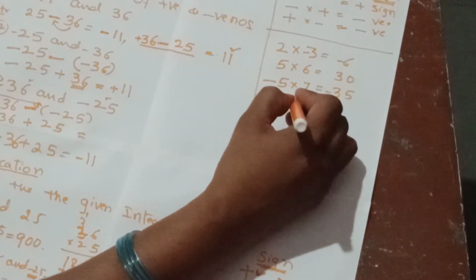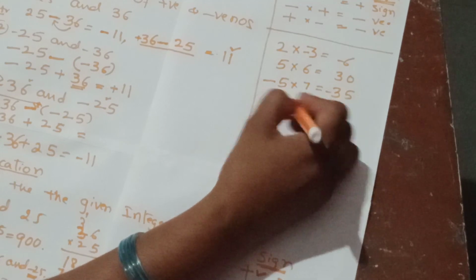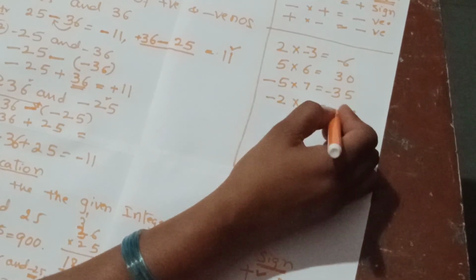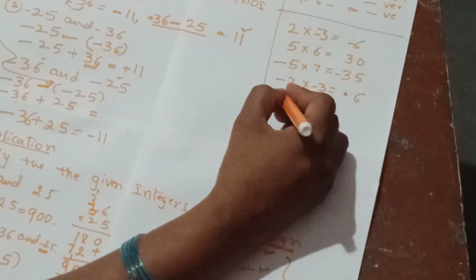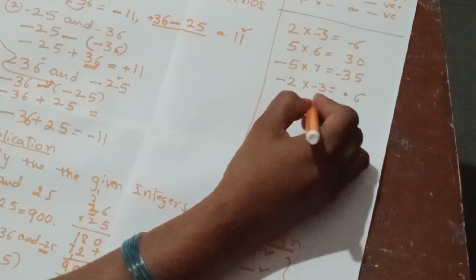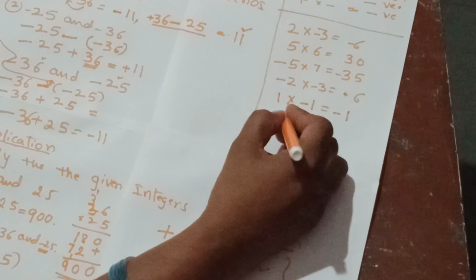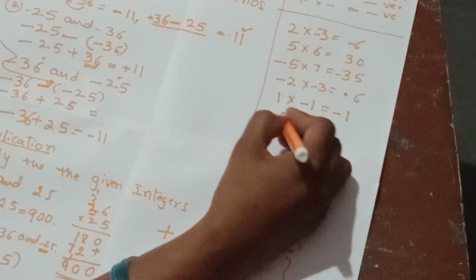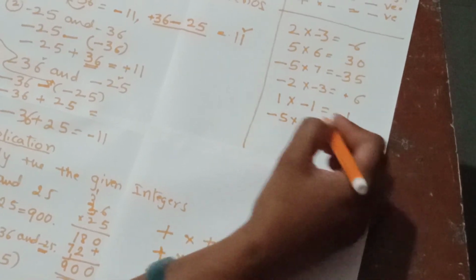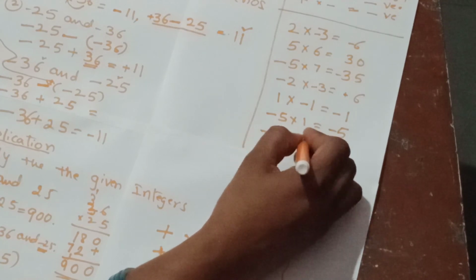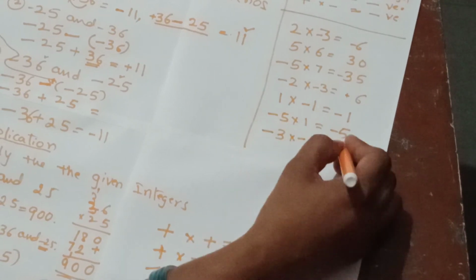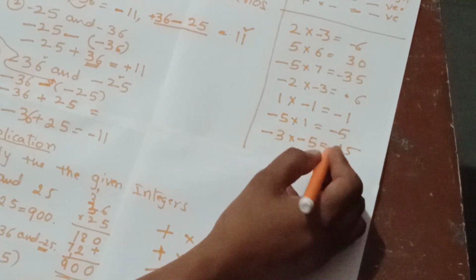Minus 2 into minus 3, 2 3s are 6, just multiply numbers, minus minus plus. So let me continue further. 1 into minus 1, 1 into 1 it is 1, plus minus minus. Minus 5 into 1, 5 ones are 5, minus 5. Minus 3 into minus 5, 5 3s are 15, the sign is minus minus plus.